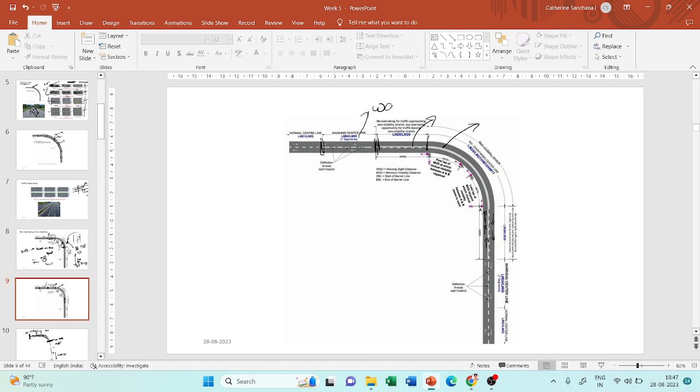What we saw as the warning line means they can make the overtaking action, but they should be cautious. Here, traffic in both the directions can make overtaking, but you should be cautious. And after that you have the normal center line. So this is how the overtaking zone is set. This is the procedure for setting the overtaking zone.